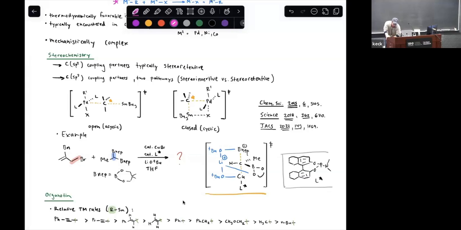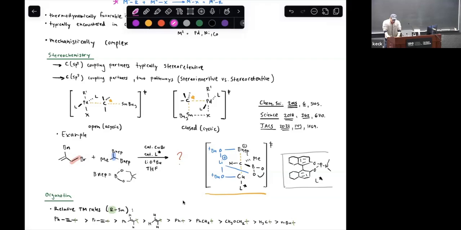For sp3 hybridized coupling partners, it is more complicated. And when I learned this, it was not complicated. It was taught that this is always stereoretentive, in direct analogy to how oxidative addition is always stereoretentive in a classical inner sphere mechanism.